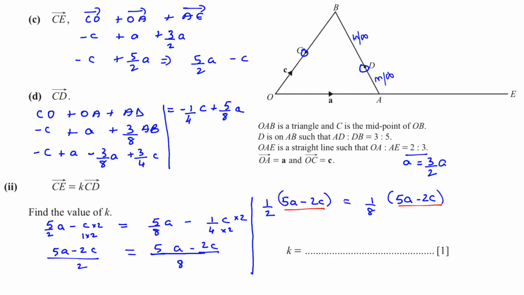To make the equation equal to each other, I need to have a half here. But I've got 1/8. I can multiply by 4 and I will now have the equation half of (5A minus 2C) is equal to 4/8 of (5A minus 2C). So my K is 4.